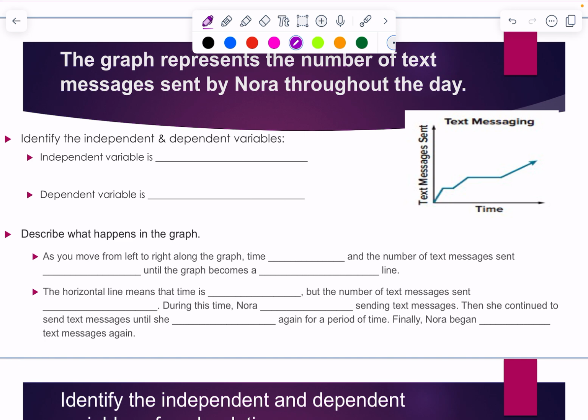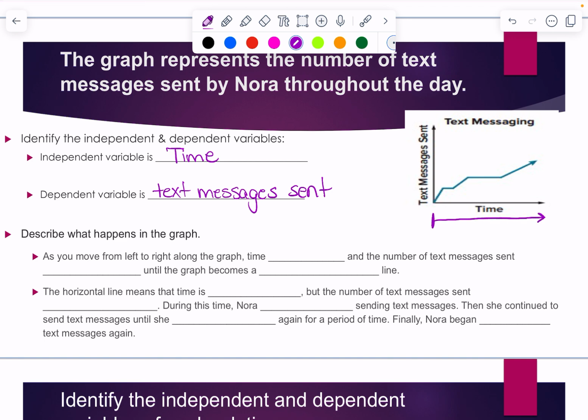And it would be the first one, right? So the independent variable is time. The dependent variable is the text messages sent.